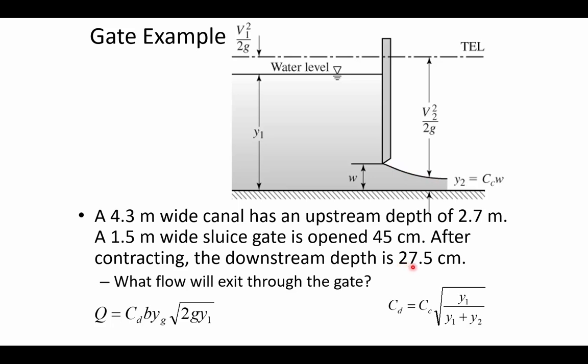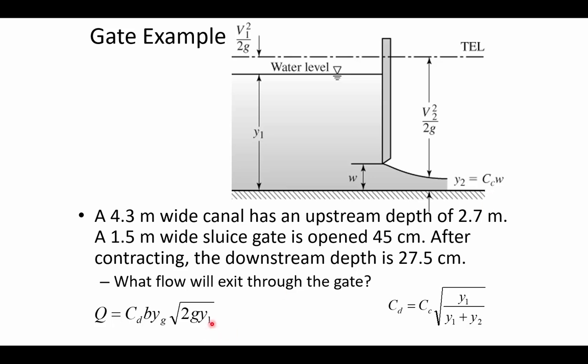So you're going to be able to calculate the coefficient of contraction because we know how much the gate is opened. That's 45 centimeters. And then the after contraction, the Y2 depth is 27.5 centimeters. So C sub C is Y2 divided by W.